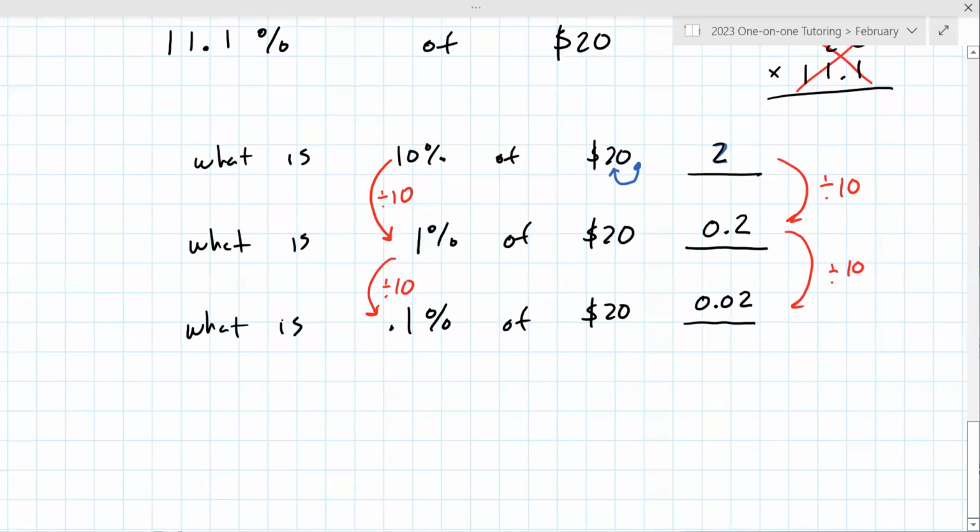Now, if we add up the percentages, we're adding up 10 plus 1 plus 0.1. That's 11.1%. We're now going to add up 2 plus 0.2 plus 0.02. What is that?